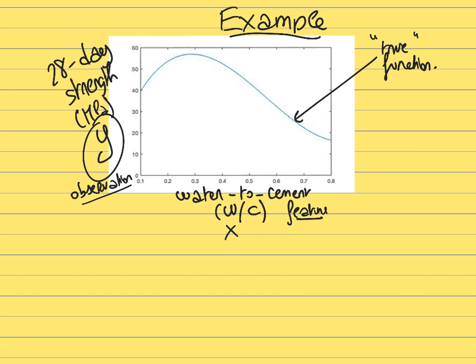So when you actually measure the concrete strength, what you will get is some result that hopefully is not too far from the true function, but you will never get exactly the true function. You will always get some noise. So those are going to be the actual measurements that you will get. Those are the actual observations.